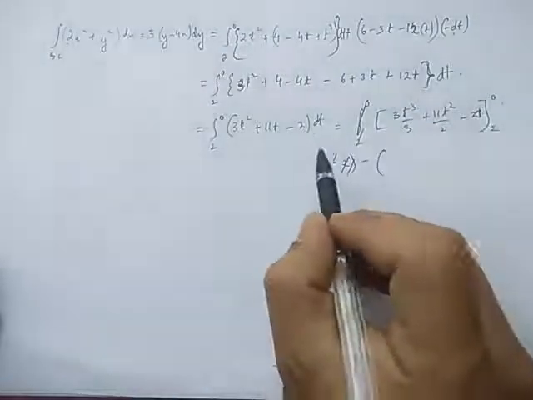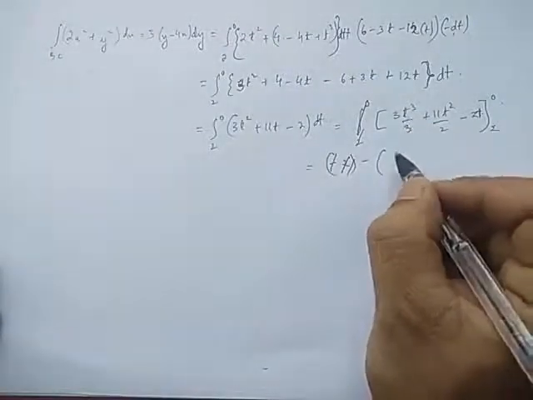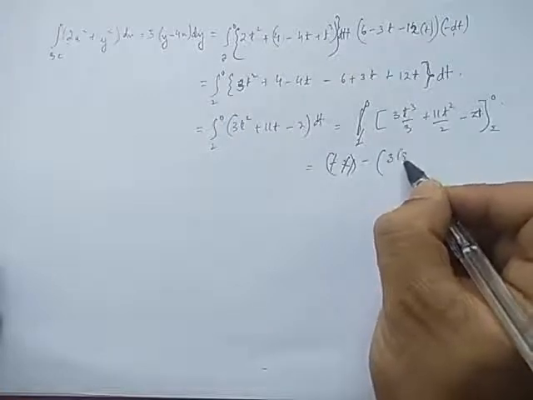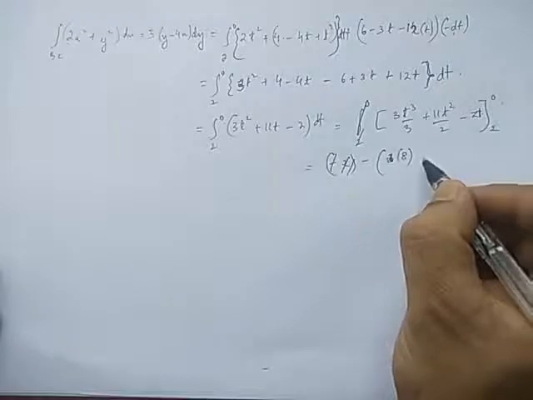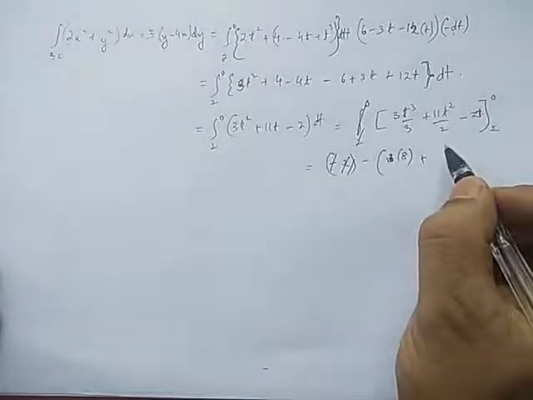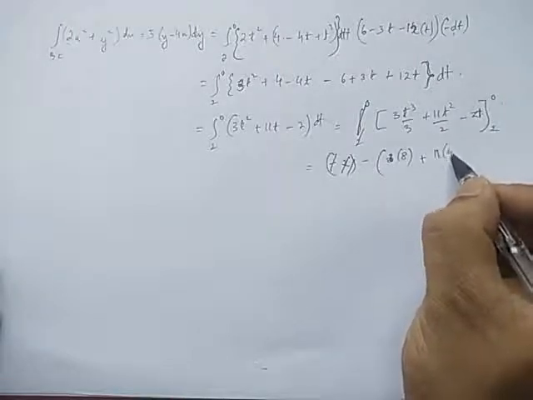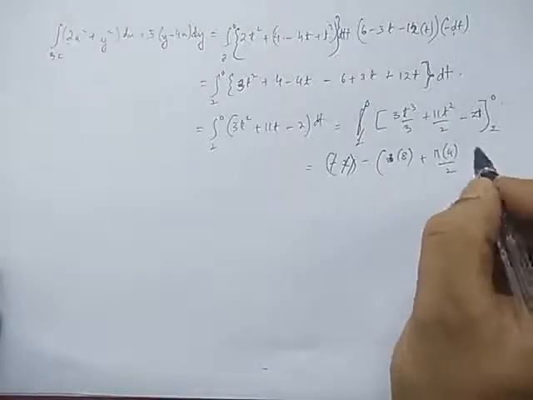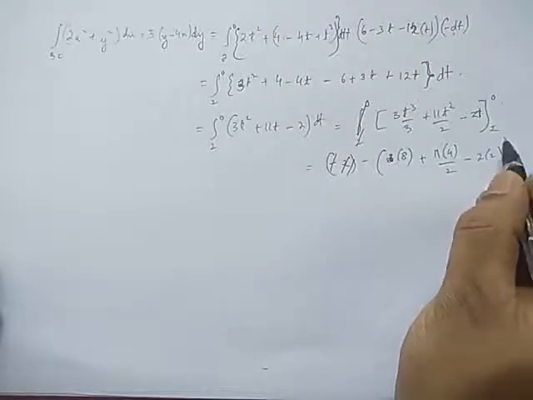So I will have 0 minus, 3 into 8 by 3, sorry, 3 and 3 will get cancelled, so I will have 8 plus 11 into 4 by 2 minus 2 into 2.